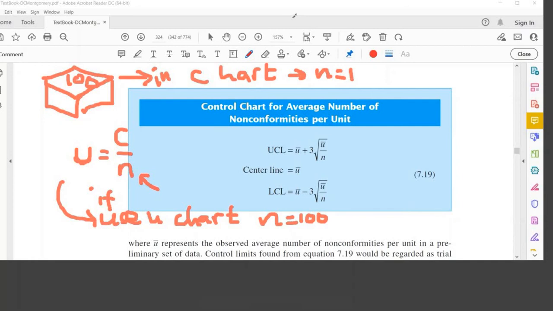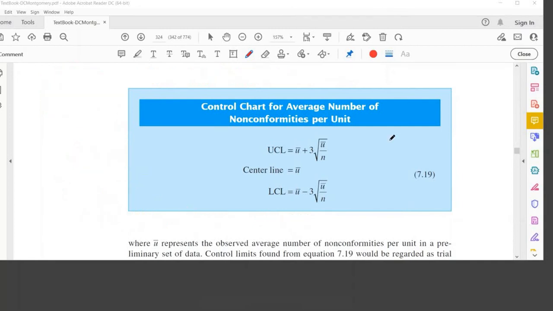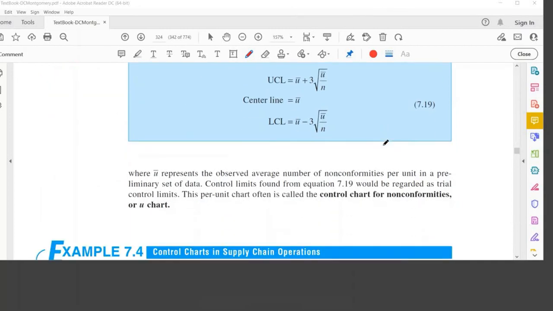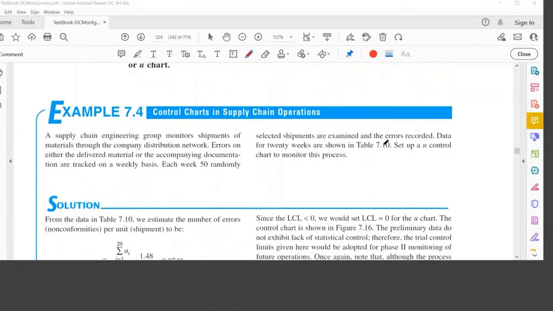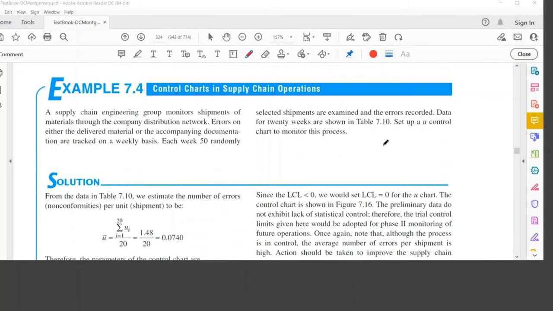Okay, let's see an example. The supply engineering group monitors shipment of material through the company. Errors, either deliver material or company documents, are tracked weekly. Each week, 50 randomly selected shipments are examined.